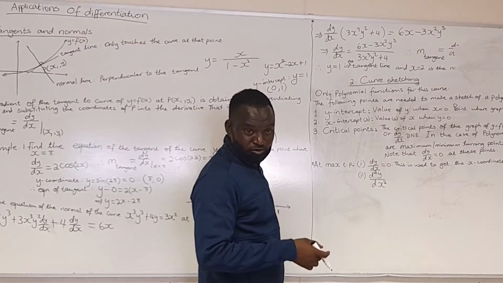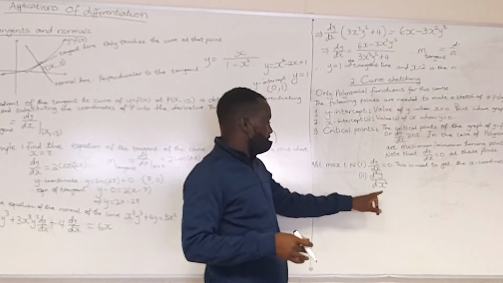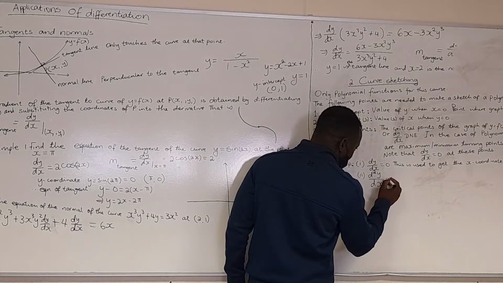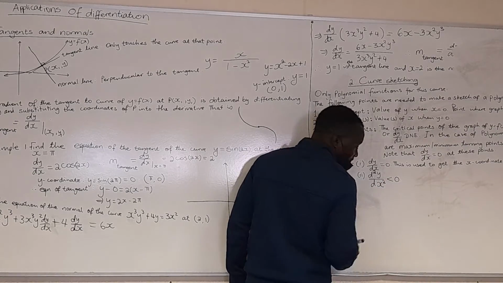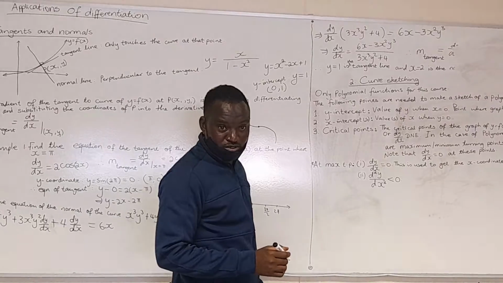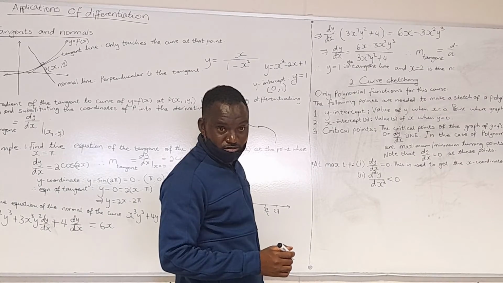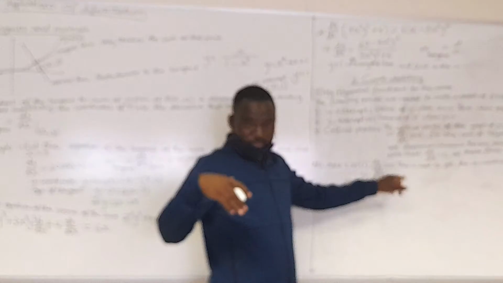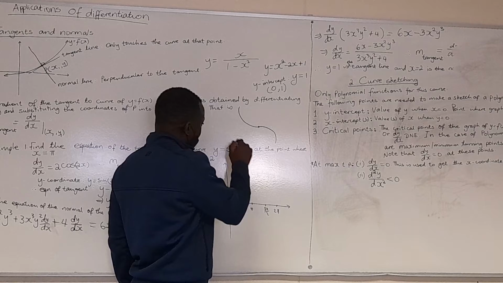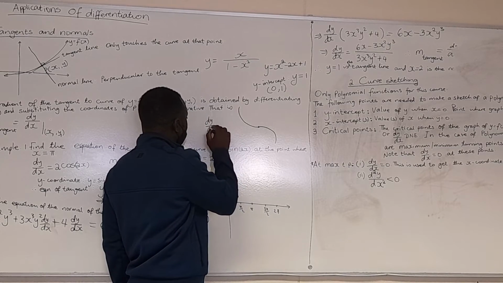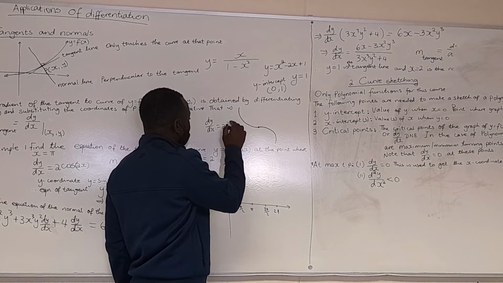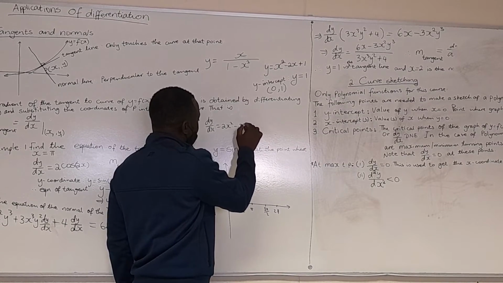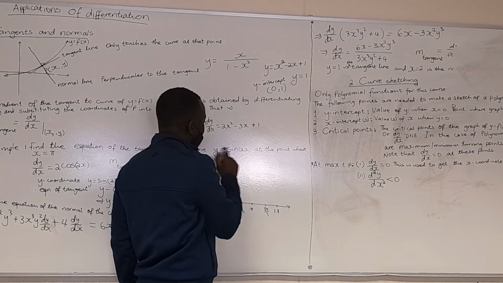If you take the x coordinate and substitute it in the second derivative, and the answer that you get is negative, then you know it's a maximum turning point. Let's say the first derivative dy/dx is 2x squared minus 3x plus 1.